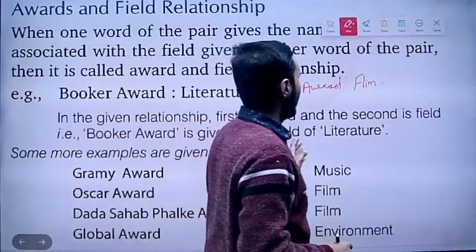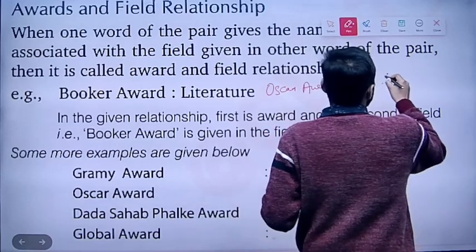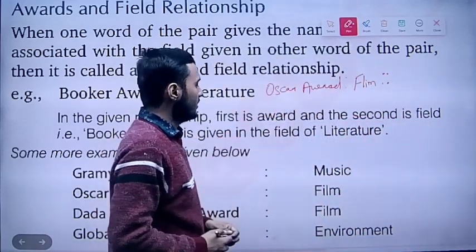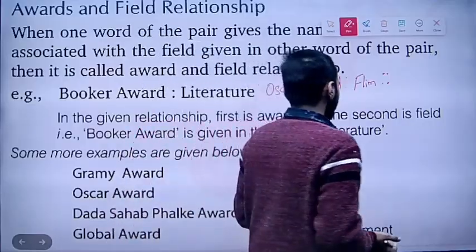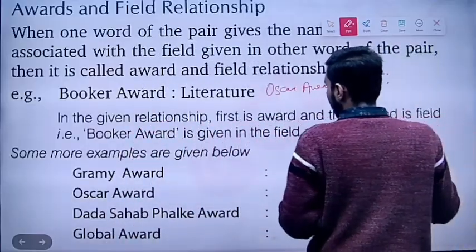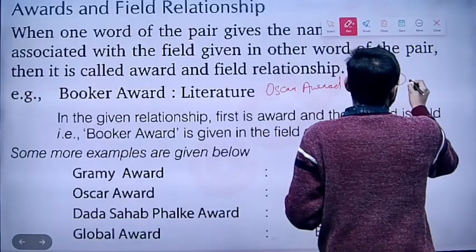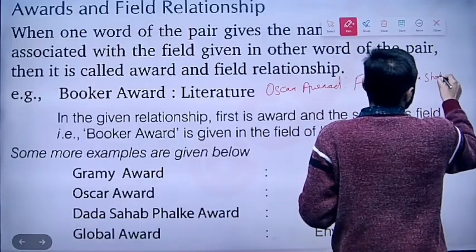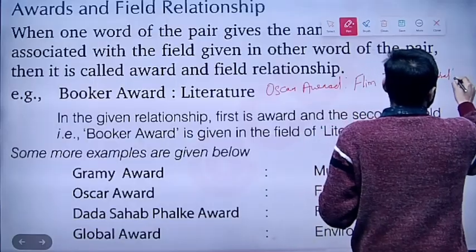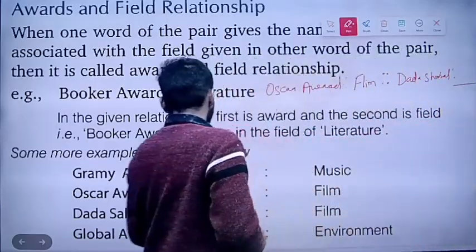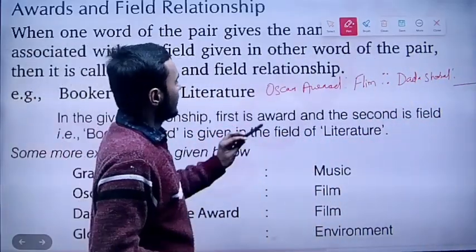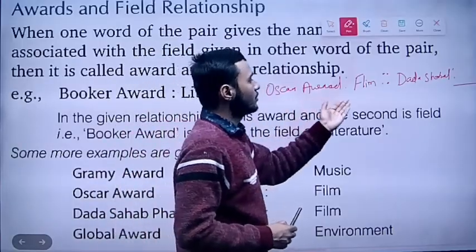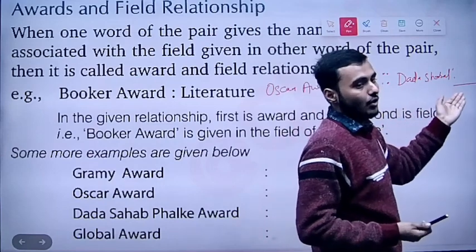So now you find another type of question like that. What trend is this type of question following? If you take Dada Saheb Phalke, see, now if you look at this question, Oscar award is equal to film, so Dada Saheb Phalke award is equal to also film.